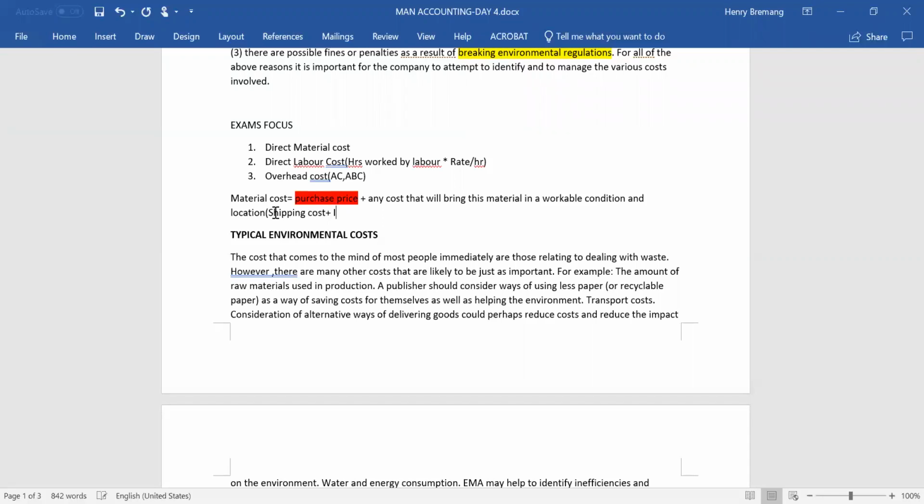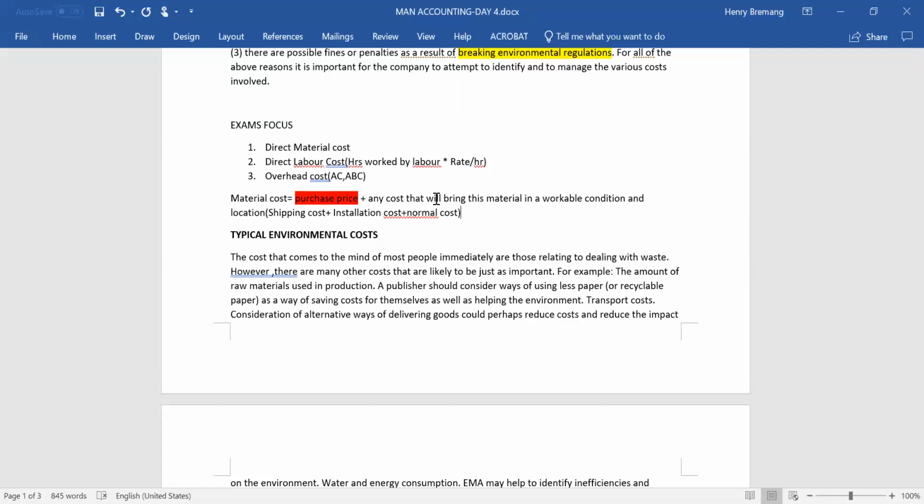There can be issues of, let's say, installation cost. And the installation cost, maybe cost of even dismantling or removal, all these costs can be added to that. But in the case of losses, normal loss can also be added as the cost of the material, but abnormal loss is actually going to be treated as an expenditure.